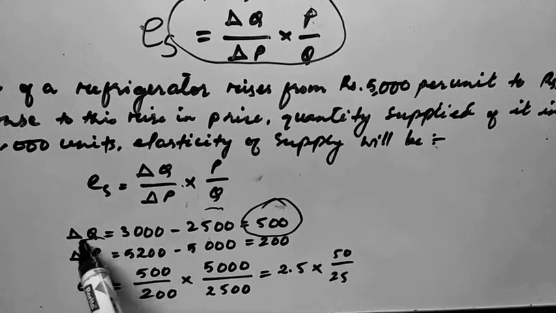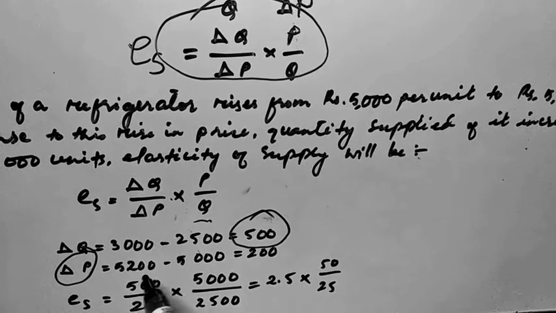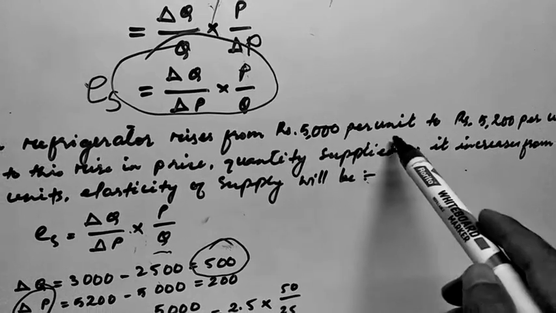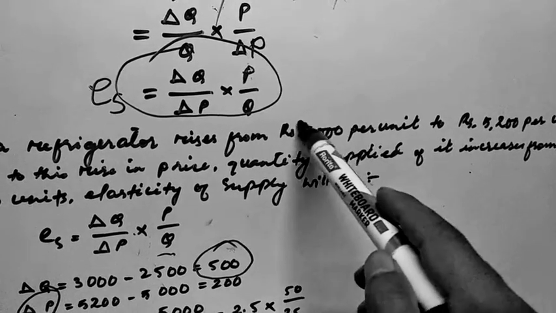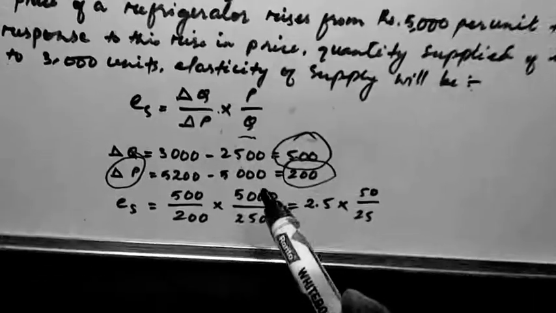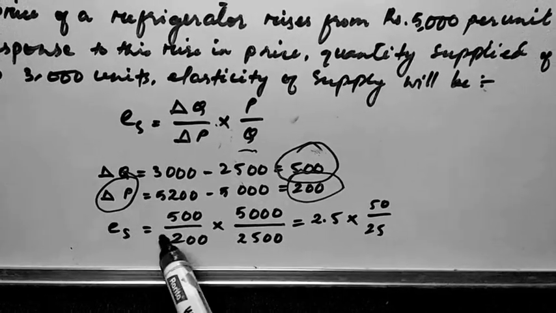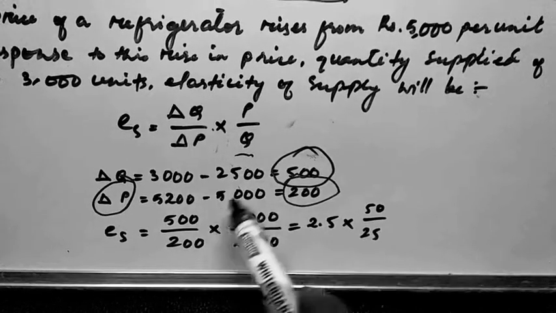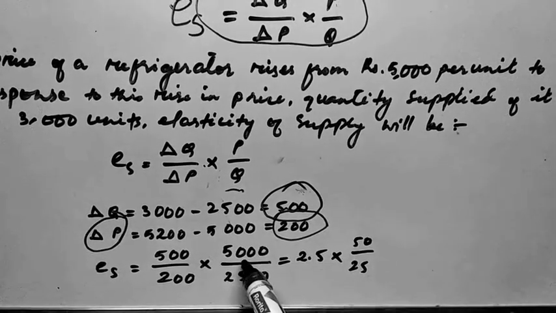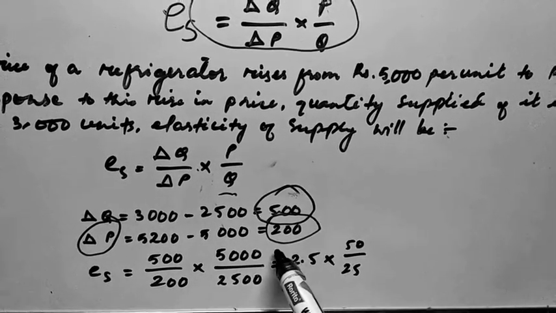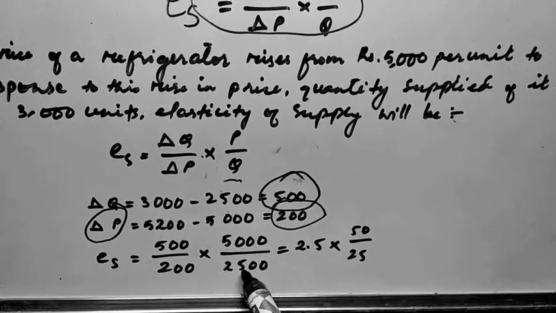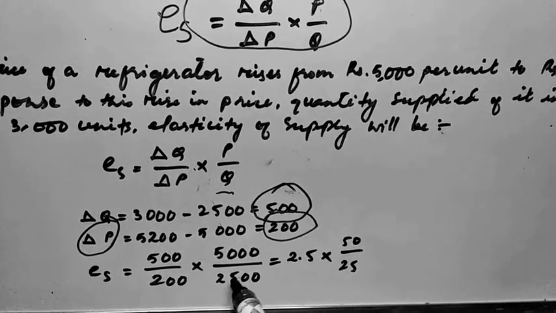What about change in price? Change in price is from 5,000 to 5,200, which gives 200. So 200 is the change in price. Let us put these values in the formula. Change in Q is 500, change in P is 200, into the initial price, which is 5,000, divided by the initial quantity, which was 2,500.